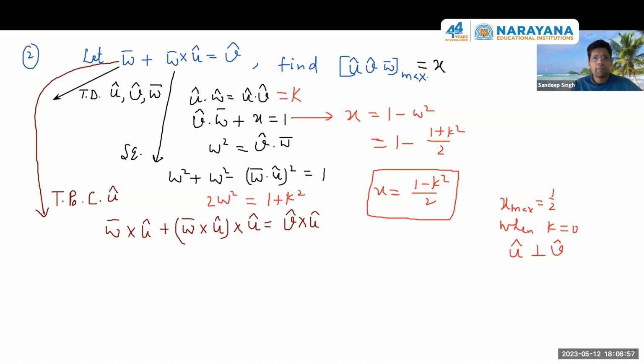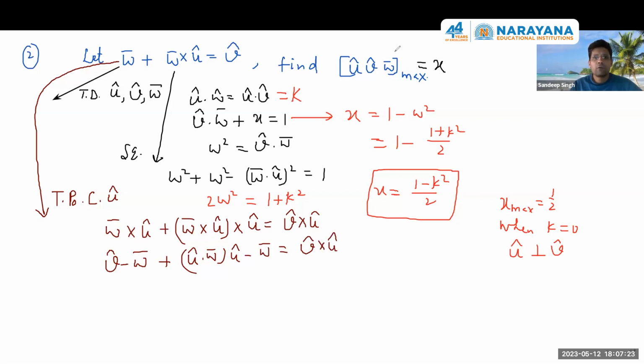Now W cross U cap I can replace from the first equation as V cap minus W. Getting the point? V cap minus W. So this could have been another way. Plus, here you know the formula, vector triple product: U cap minus W vector equal to V cross U.